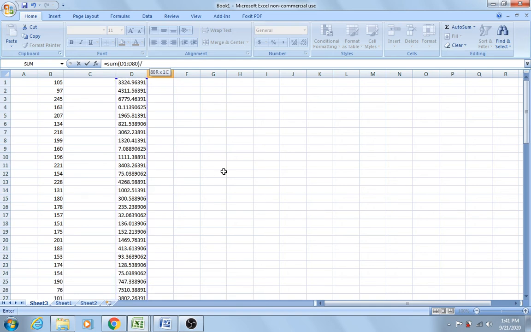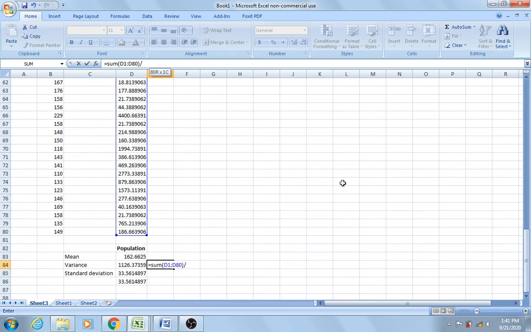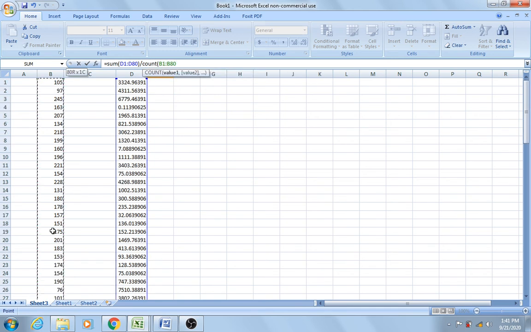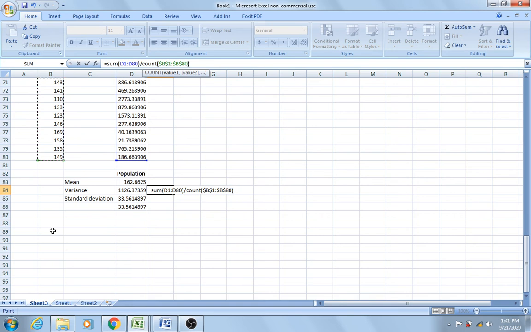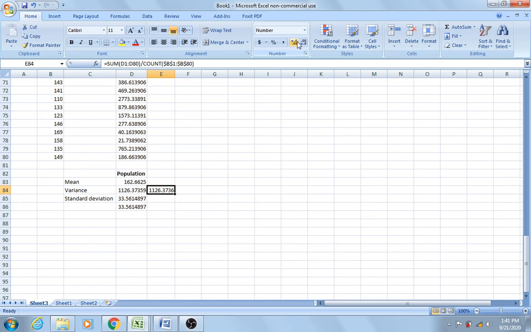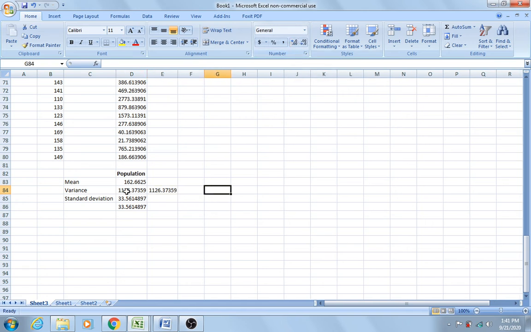And then according to the formula, I need to divide it by the total number of data that I have. So I have 80 data, but I will not type 80, I will just count them, and I will lock everything. Okay, see, we have the exact same result.